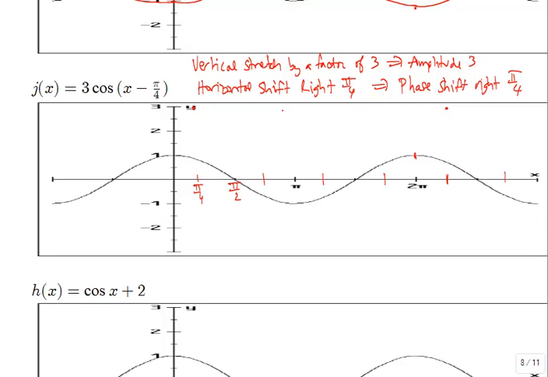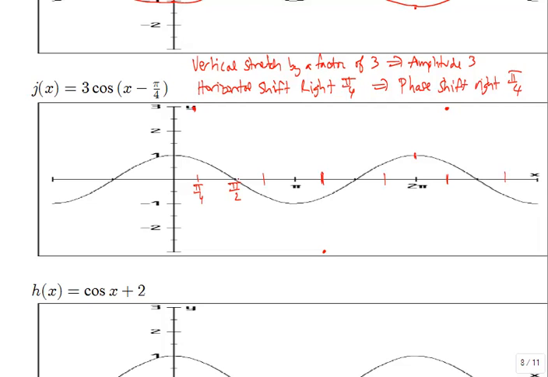Halfway between these two marks, which normally would be at pi, that's the halfway mark, but we're shifting it over pi over 4. So this is now the new halfway mark. Instead of going to that minimum of -1, we're stretching that down to a minimum of -3. So I know where I start, I know where I stop, I know my middle point, and then we can put in our zeros as well.